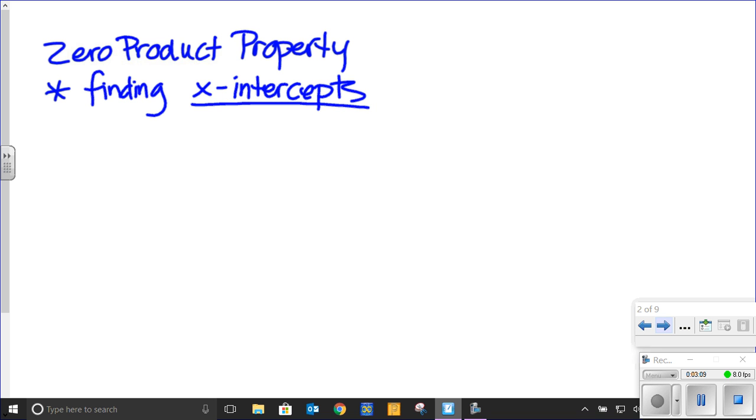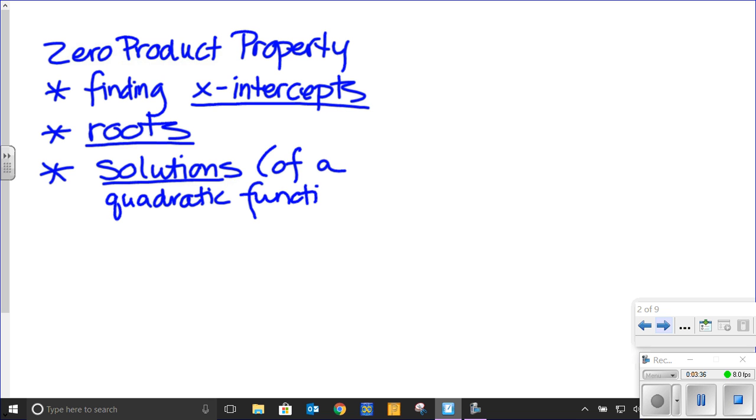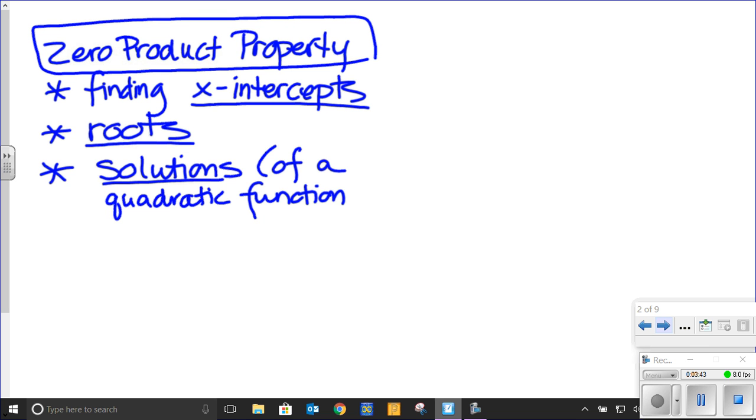That's one thing you're going to hear. It's the roots. You're going to hear that word a lot too, roots. And it's also solutions. We're talking about solutions of a quadratic. So all those words we need to make sure we understand. They are all zero product property, just another way of saying it.